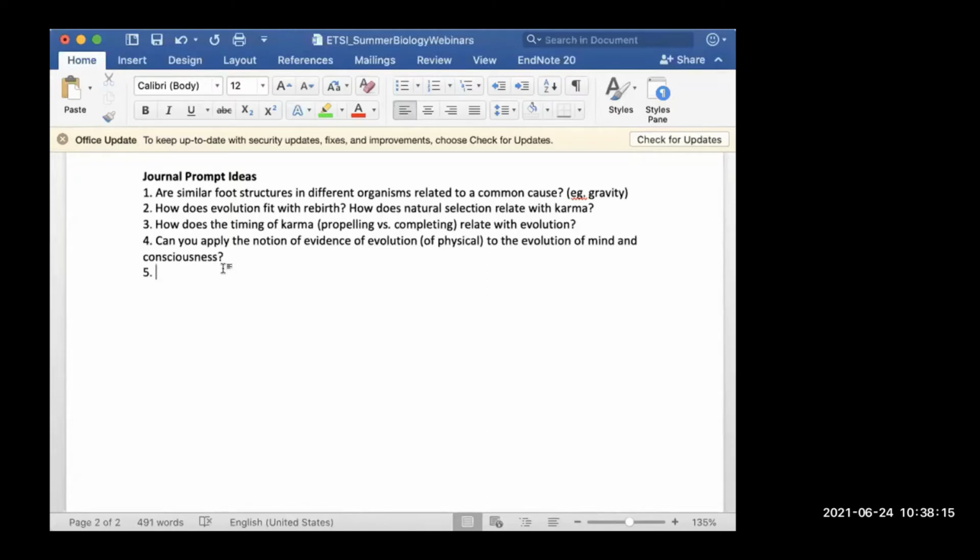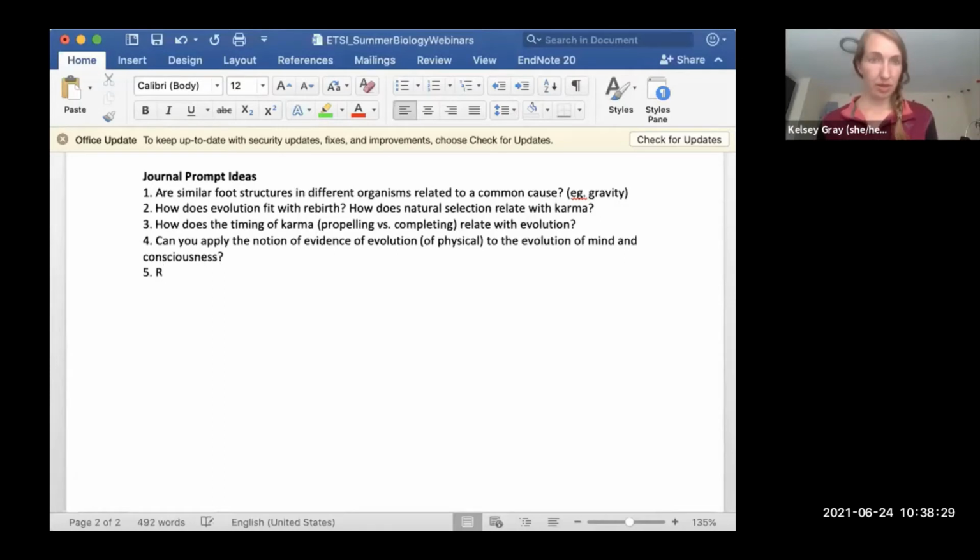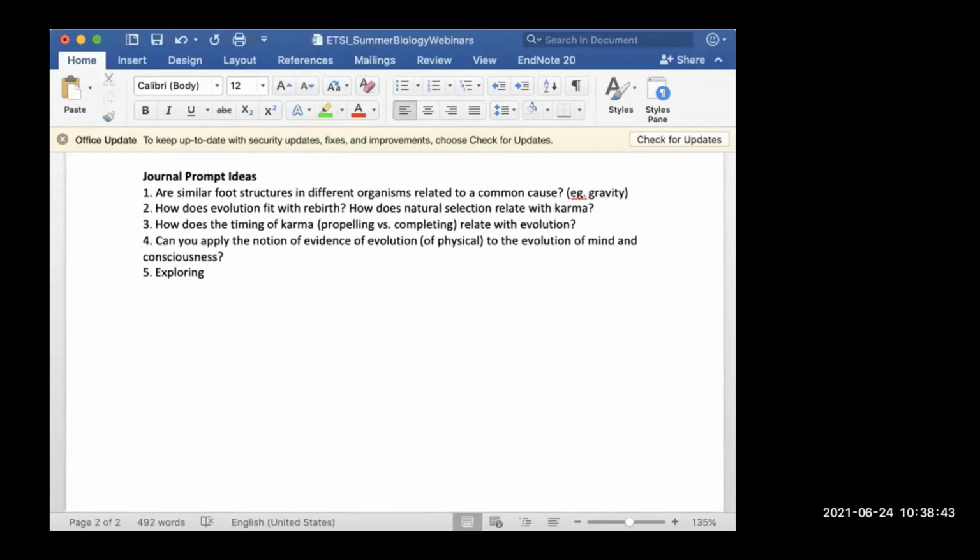And then viruses mutating to different drugs, that kind of question popped up when we talked about artificial breeding. So maybe exploring the similarities and differences between artificial breeding and natural mutation.